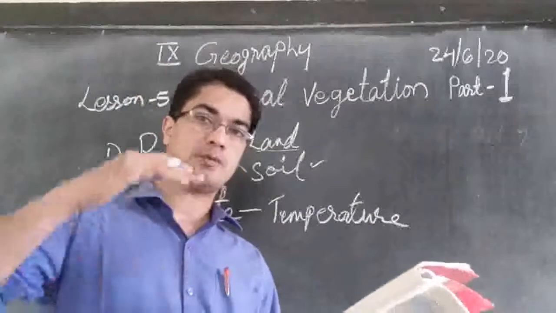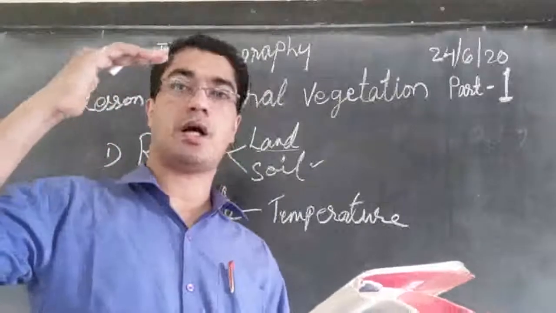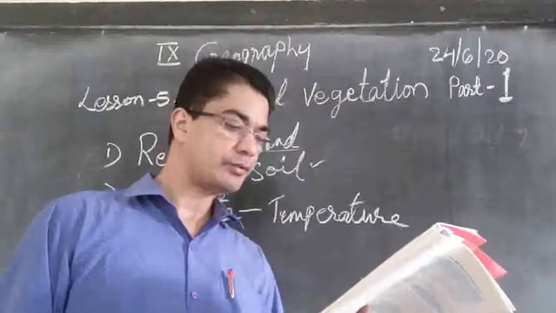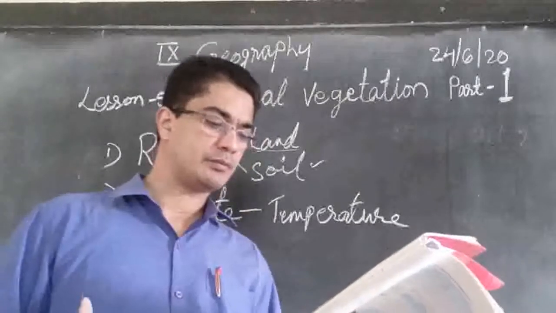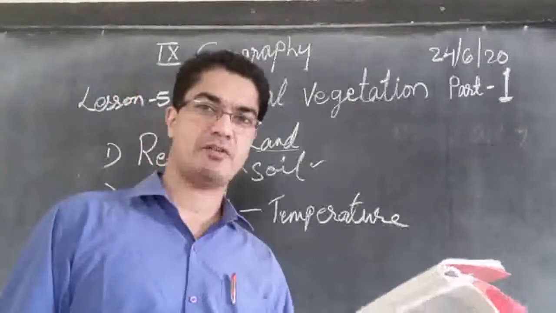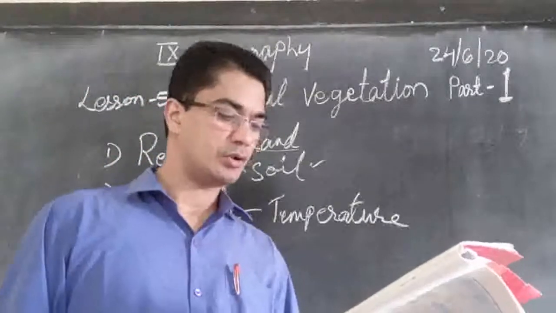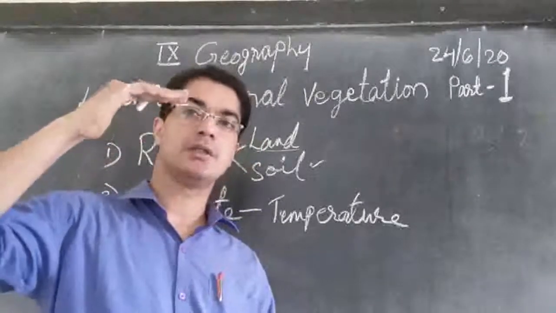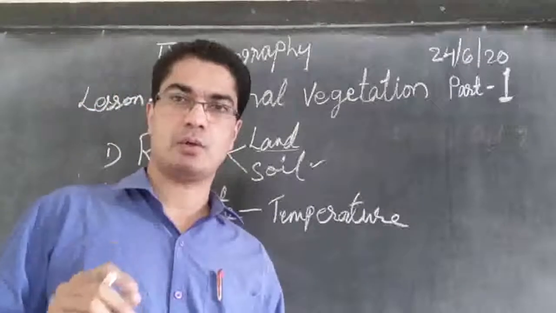Some of the mountains that are very high, like the Himalayas and peninsular plateaus, what happens to them? They are very tall mountains, more than 915 meters. So there the temperature is very low. As we go higher and higher, the temperature becomes lower and lower.